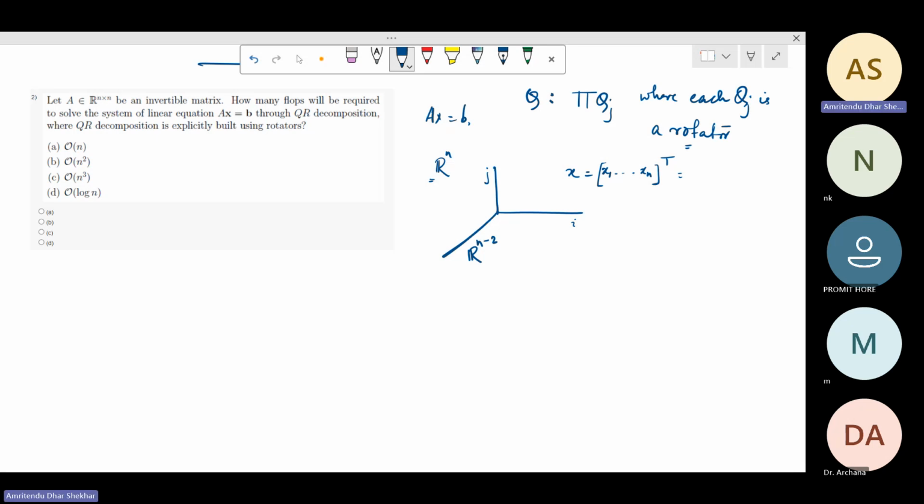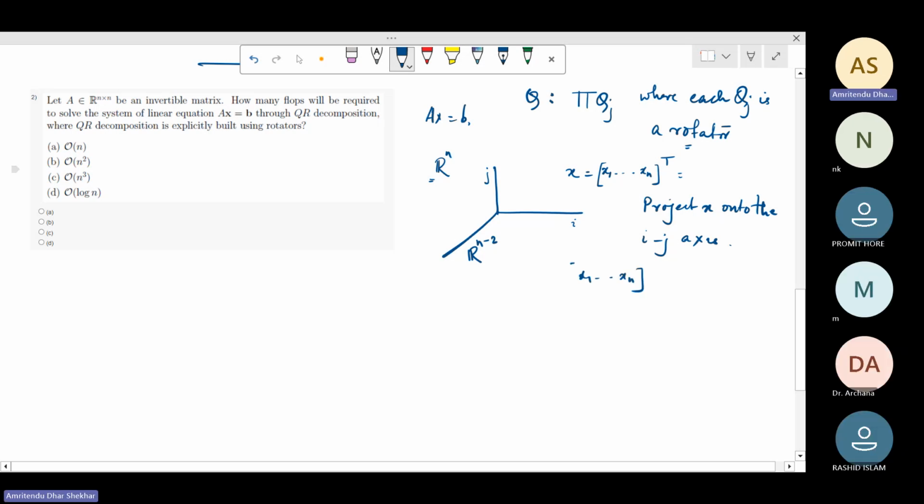it is rotating just the ith and the jth. So you project x onto the ij axis. So x1 to xn would go to xi comma xj.